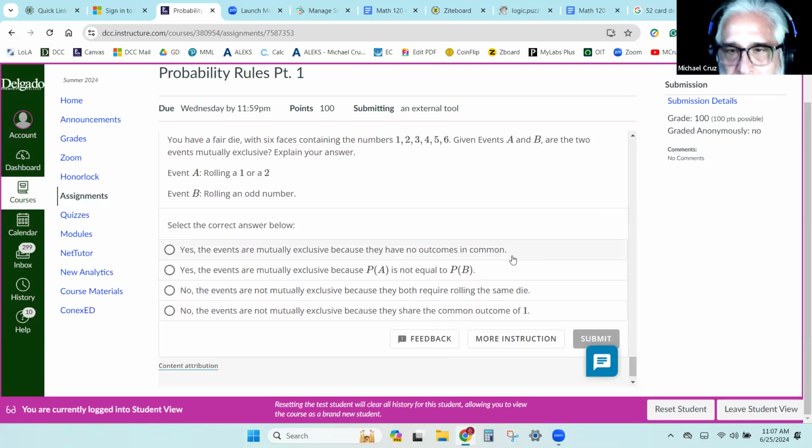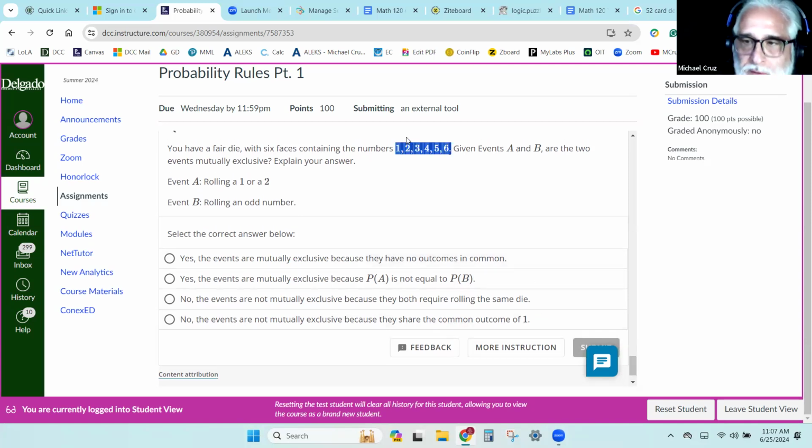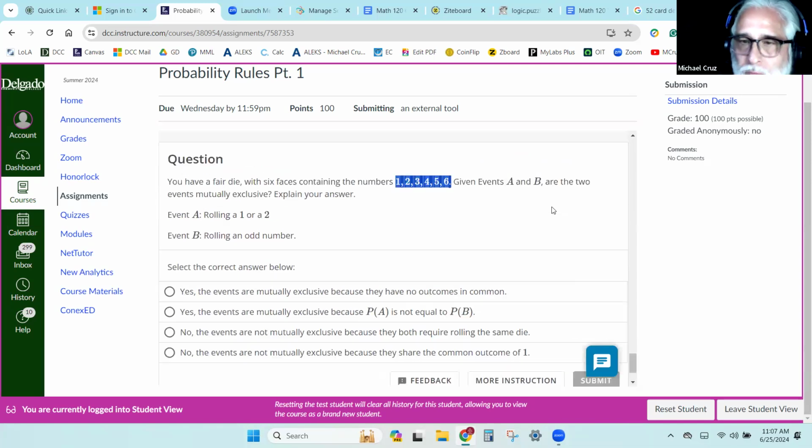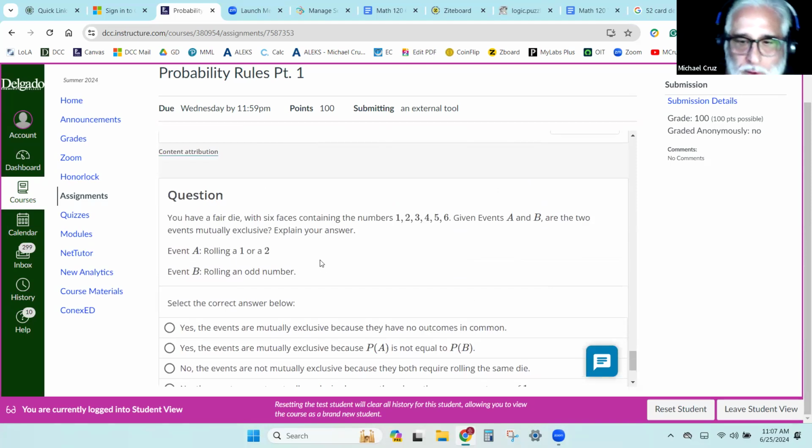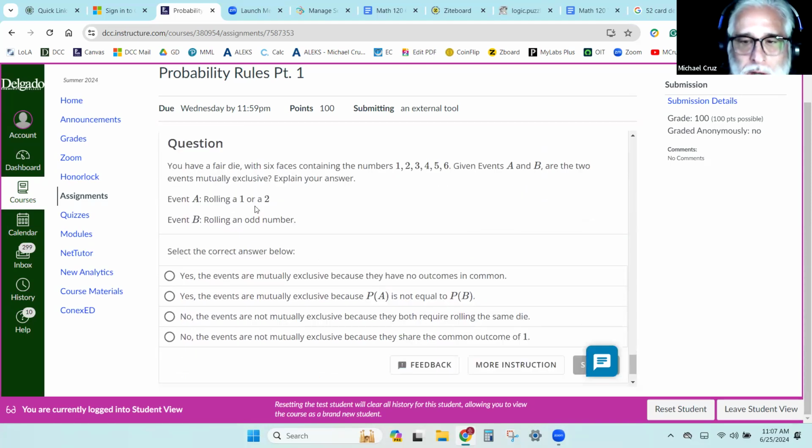All right, you have a fair die with 6 sides containing the numbers 1, 2, 3, 4, 5, 6. Just a plain old die. So we've got two events, A and B. A is rolling a 1 or a 2. And B is rolling an odd number. Now, what I want to do is put here the odd numbers. Do these two sets have anything in common?